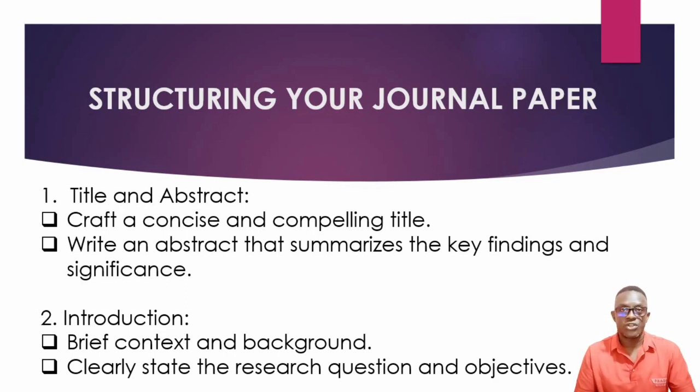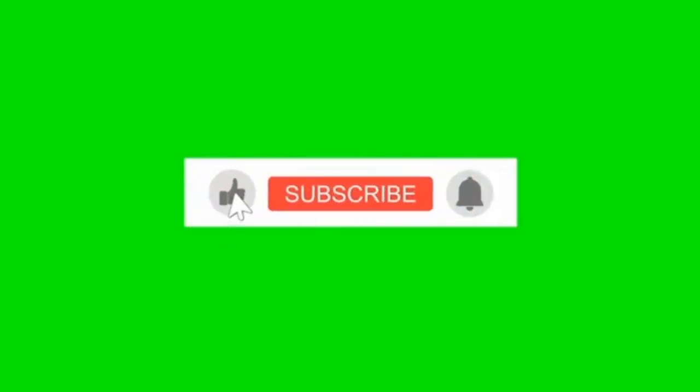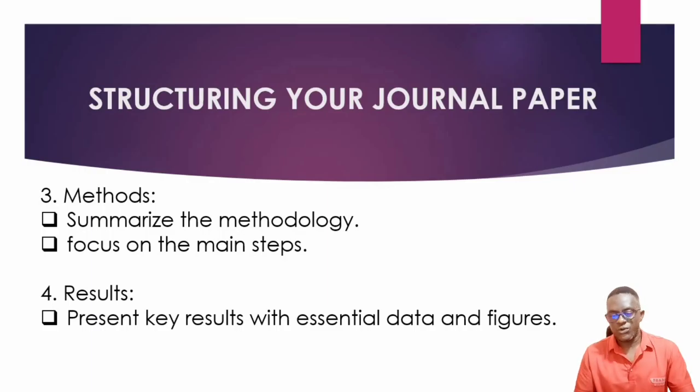Next, you have introduction. You are supposed to have a brief context and background where you clearly state the research questions and objectives. Then you go to the methodology section.